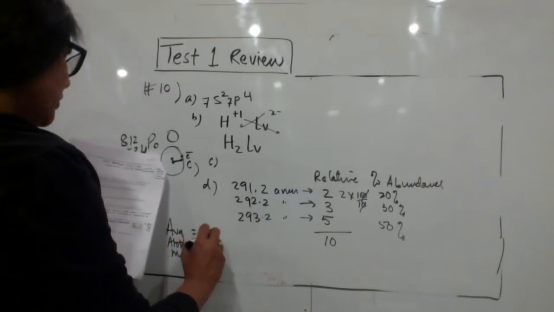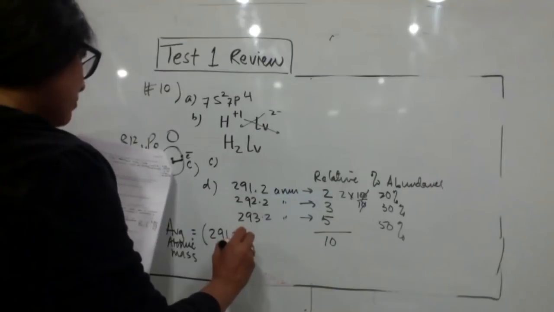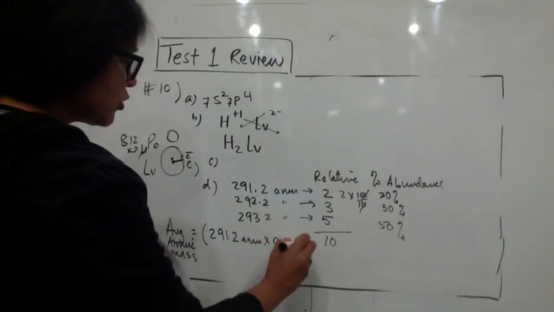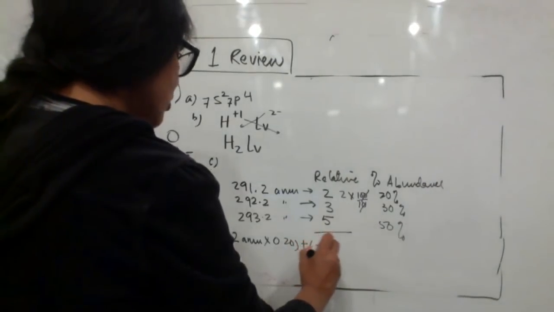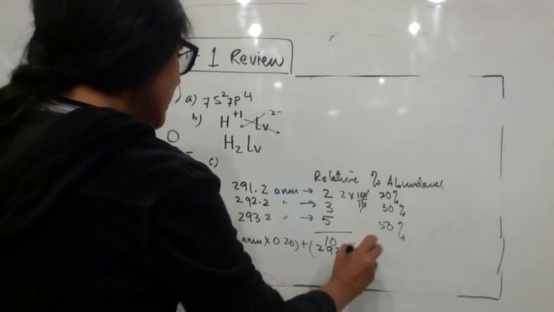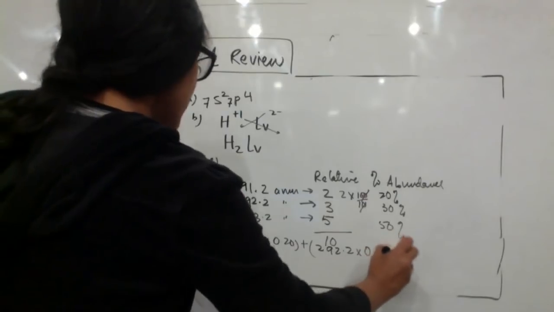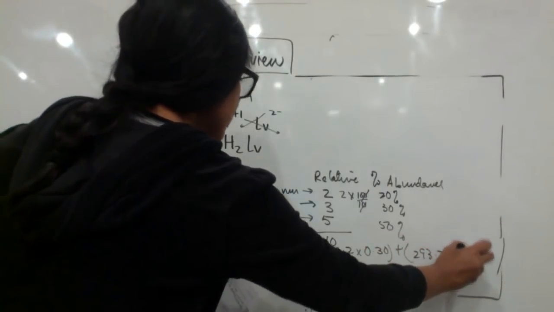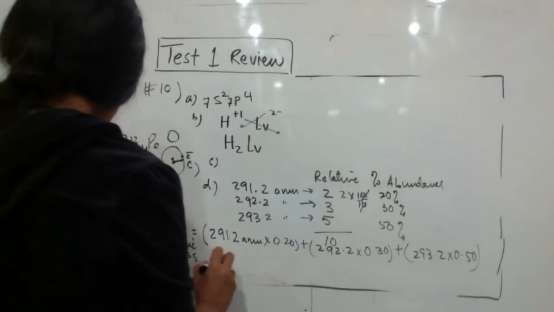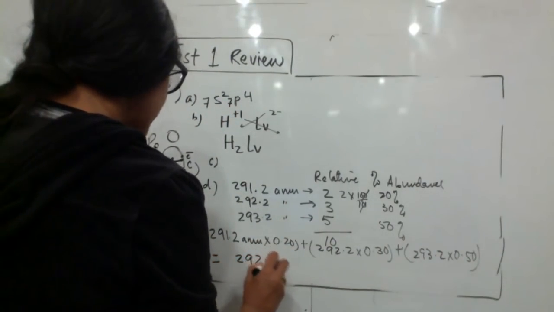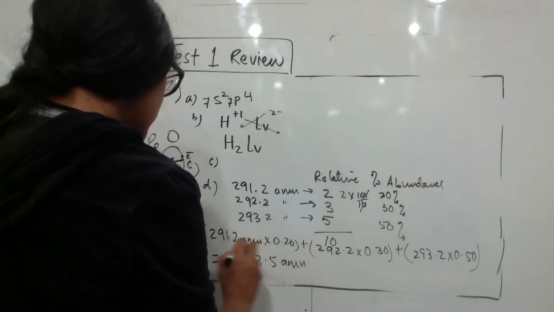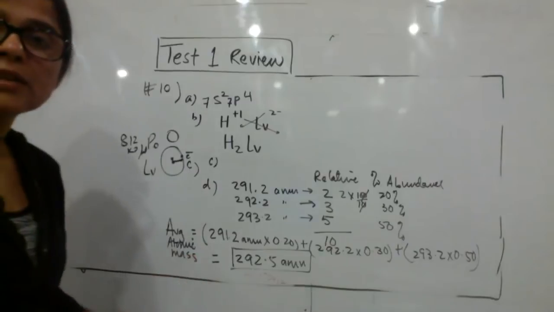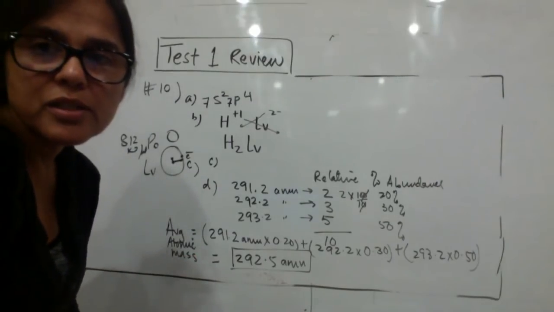So the first isotope is 291.2 AMU times the decimal fraction of its percent abundance, 0.20, plus 292.2 times 0.30 plus 293.2 times 0.50. When you add them all up, you get 292.5 AMU. That is its average atomic mass. That is question number 10.